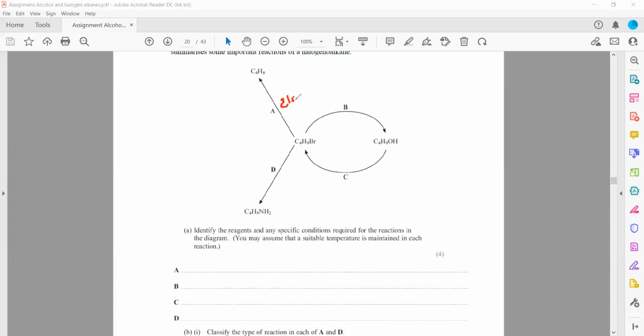This is an elimination reaction. This is a nucleophilic substitution reaction, SN reaction. And from alcohol, that is also nucleophilic substitution, and alcohol reacts to form halogenoalkane by reacting with either PCl5 or hydrogen bromide. Identify the reagent and any specific condition for these reactions.